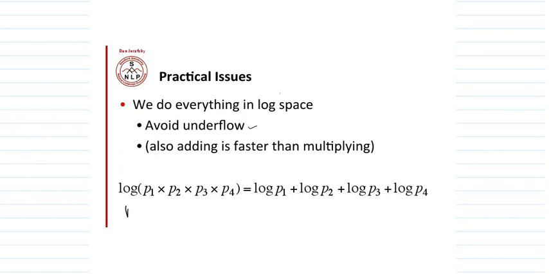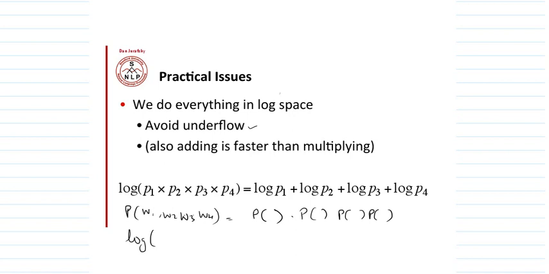So P of W1, W2 up to W4, it can be written as a product of some probabilities, right? We have W1 given W2 and so on. So instead of taking these as products, we take them as log probabilities.